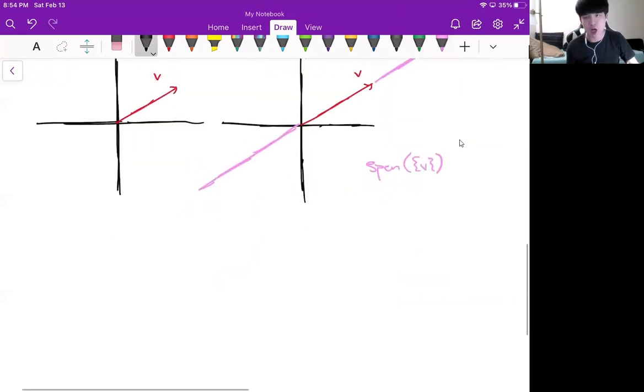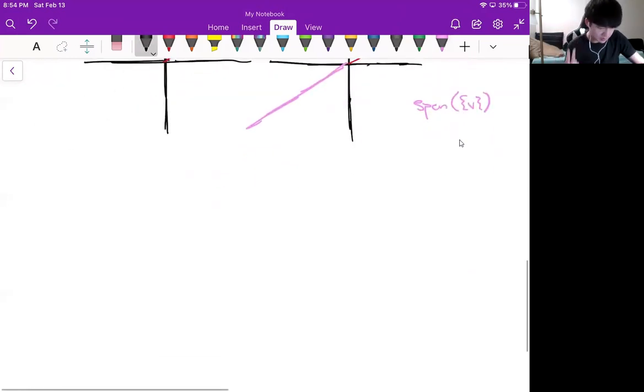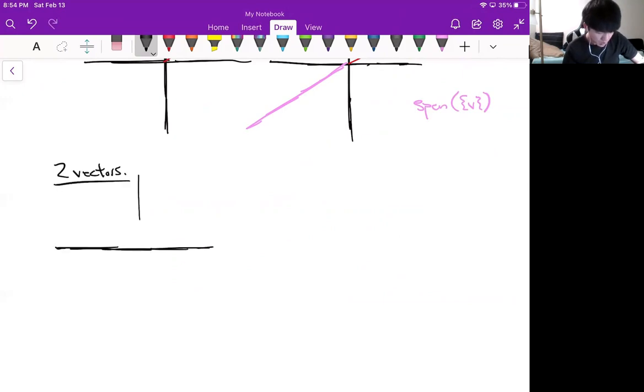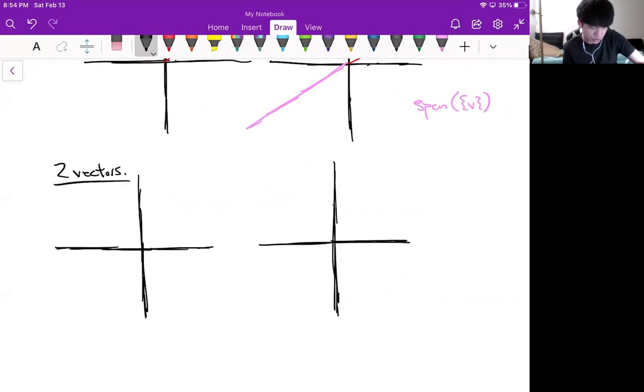So now let's look at two vectors. Let's draw two vectors. First, let's try to interpret linear combinations. What does a linear combination look like?